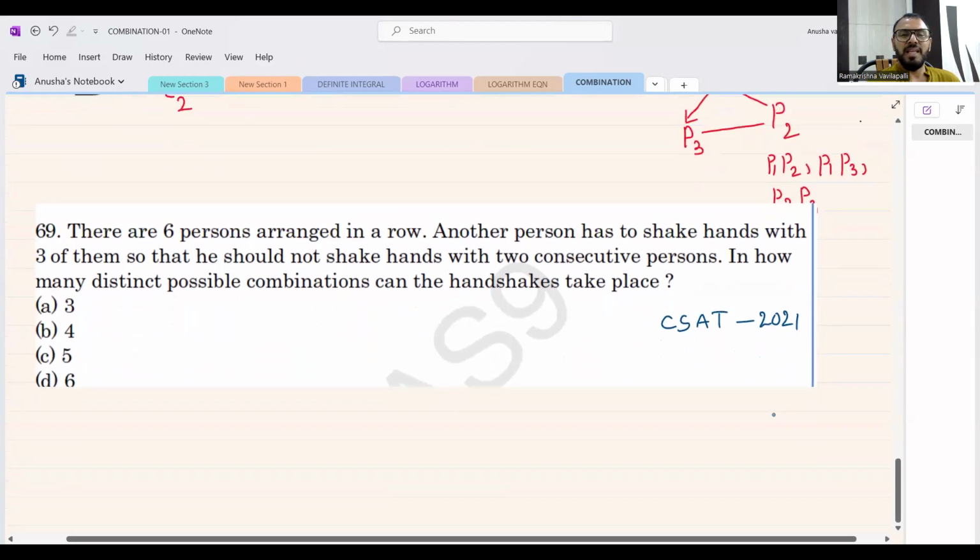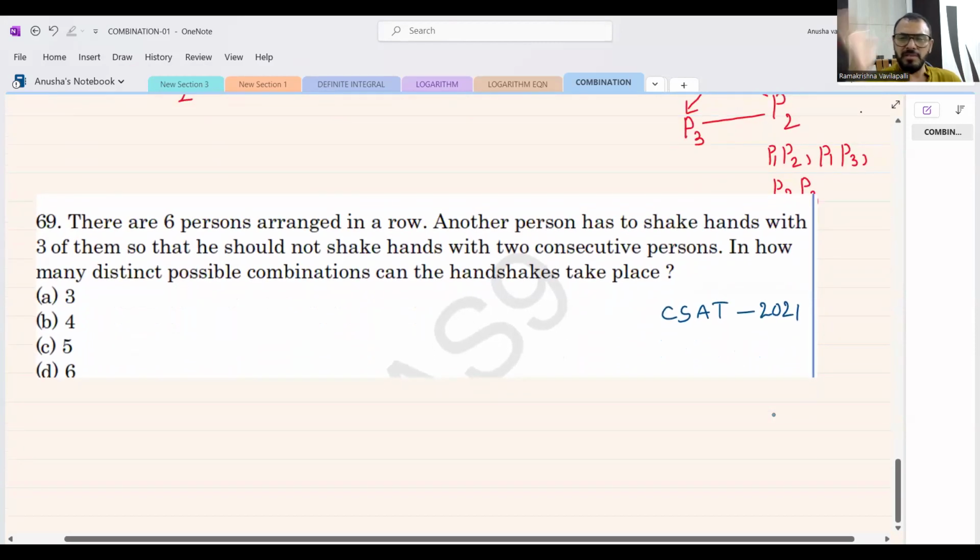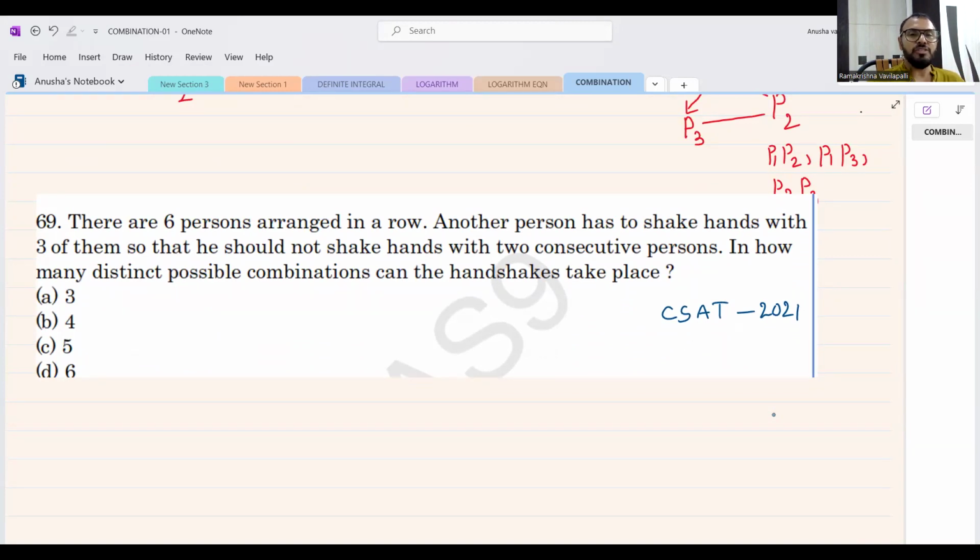Another person, you can think of you or me or somebody else, has to shake hands with 3 of them so that he should not shake hands with two consecutive persons. In how many ways, distinct possible combinations, can the handshakes take place? Very nice question, but very simple also.